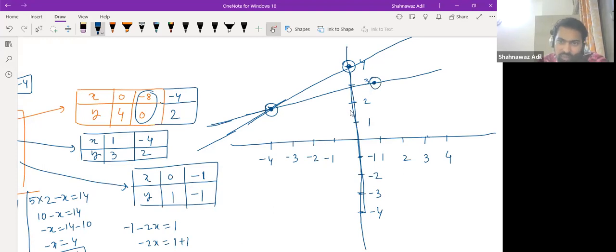And the next one is x 0, y 1, this point, and then minus 1, minus 1. So this is the point that you have.